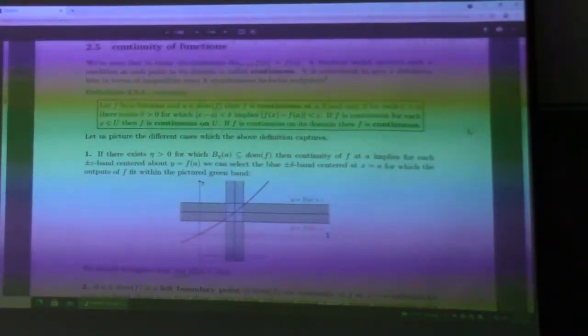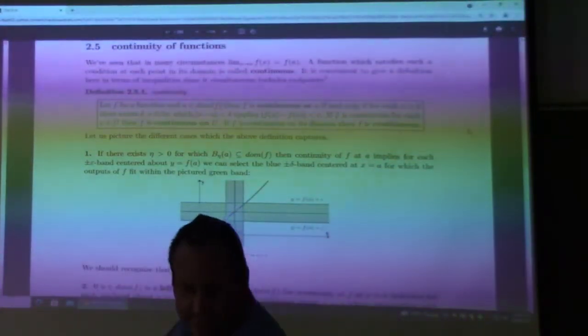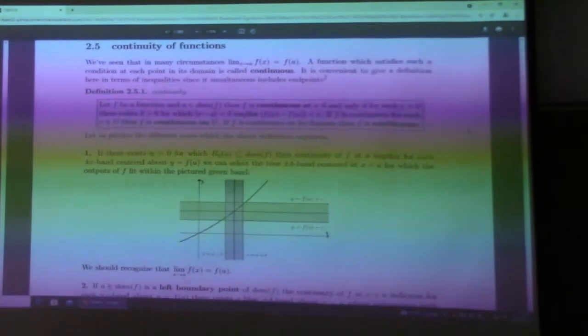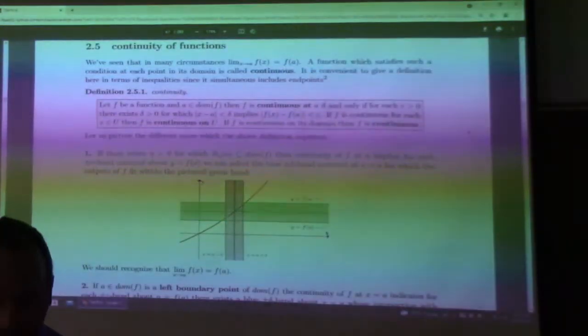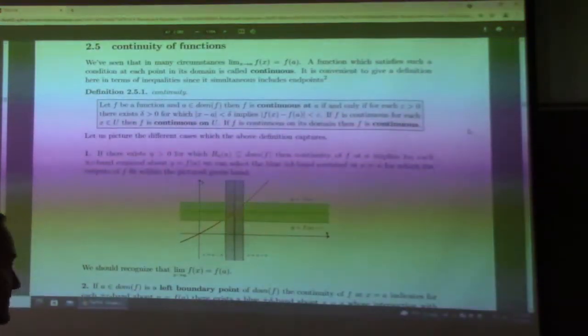All right, so I had introduced the concept of a continuous function in terms of a limit last time, right? Do you guys remember what I wrote? I wrote continuity.